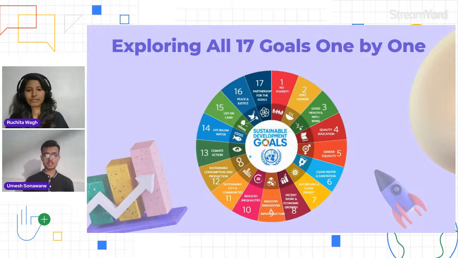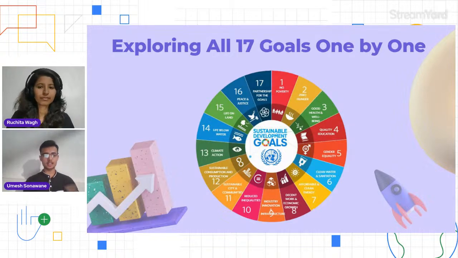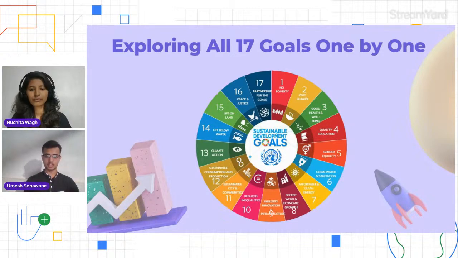Now the next one is sustainable cities and communities. It sounds like smart cities, right? This goal focuses on building safe, sustainable, and modern cities and human communities. You can make a project for safe housing in slums, and we can take the example of Zomato here also, because an application like Zomato includes factors such as shopping, eating, and drinking locally.